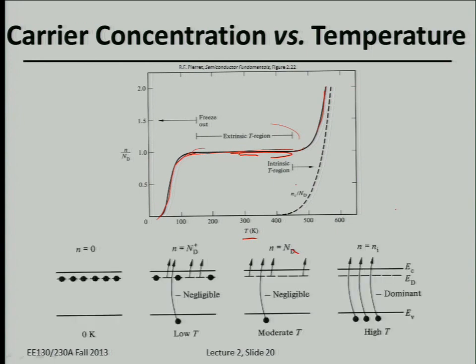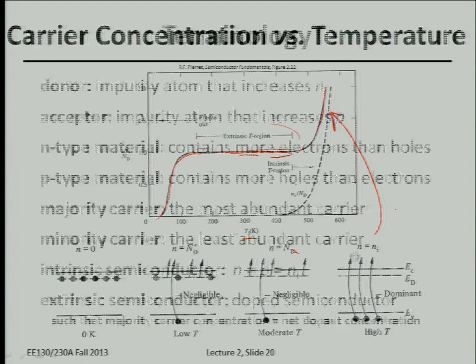If you heat it up too much, electrons can go directly from the valence band into the conduction band, and the material is electrically conductive. You can't really make a transistor out of it because it's always conductive. You can't turn it off.